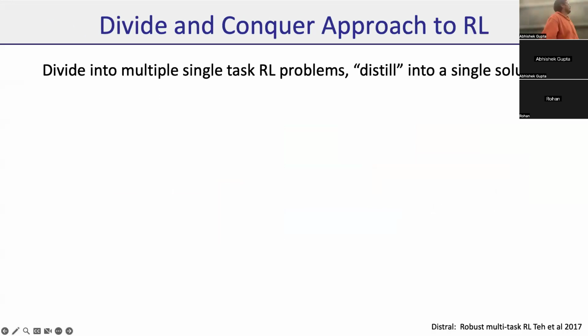There's a bunch of papers in 2018, 2019 that try to do this. You divide a multitask problem into multiple single task problems or smaller subsets of multitask problems, train each of them separately, and then distill them into a single solution.